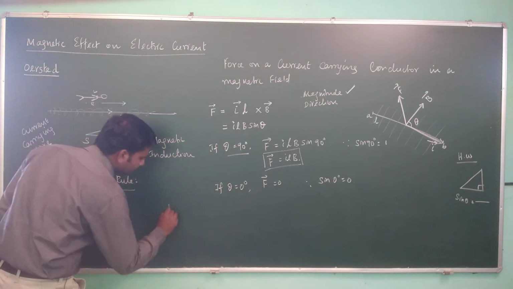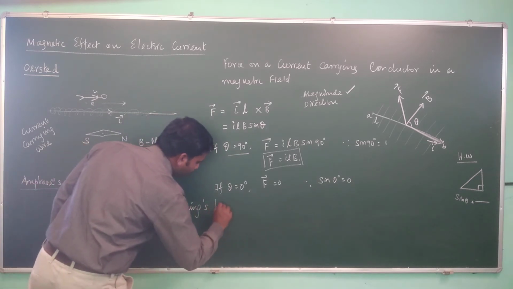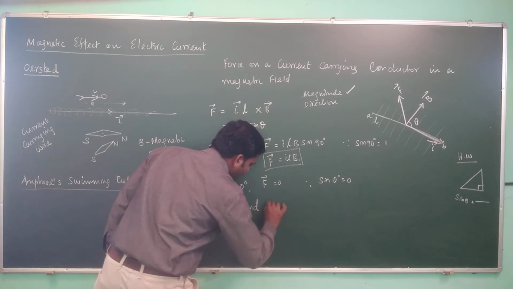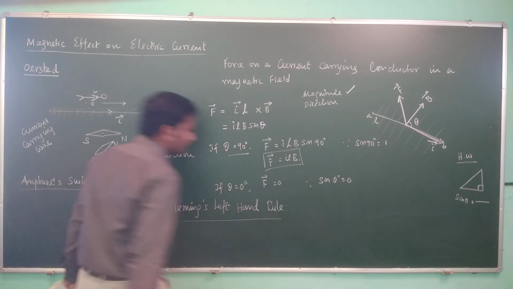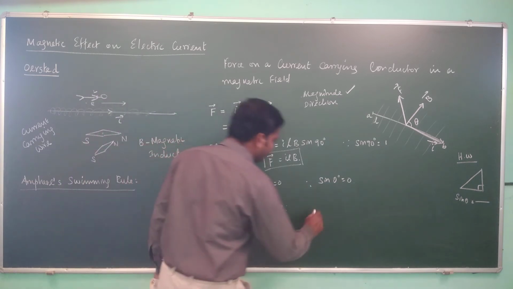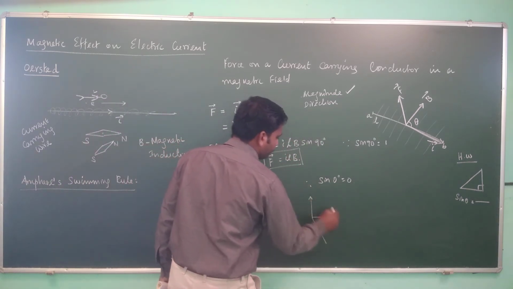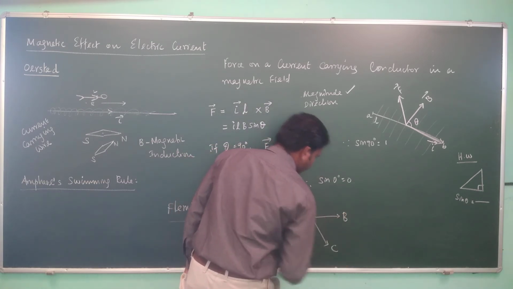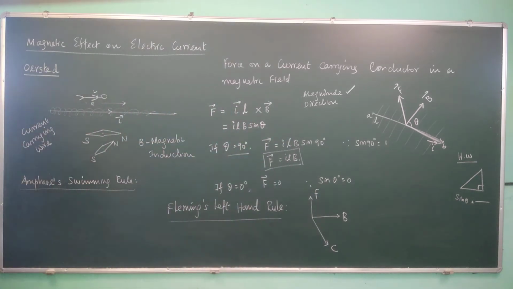What is that? This is Fleming's left hand rule. How to apply that?